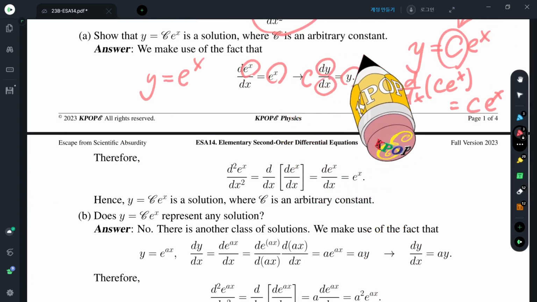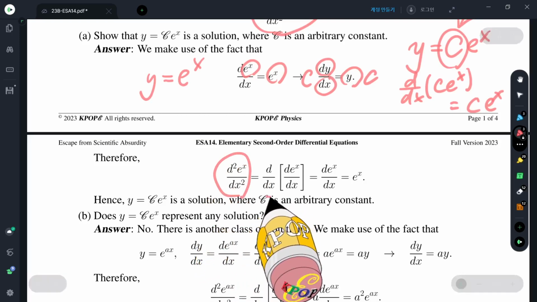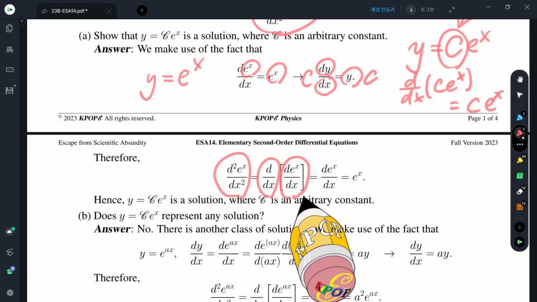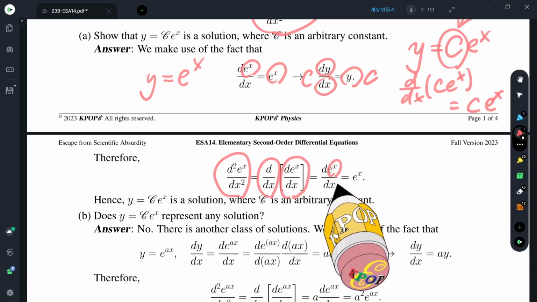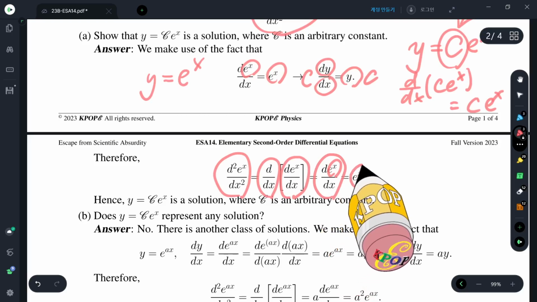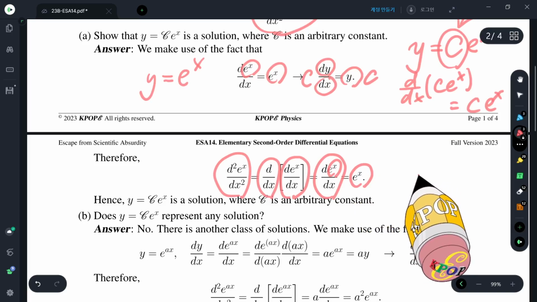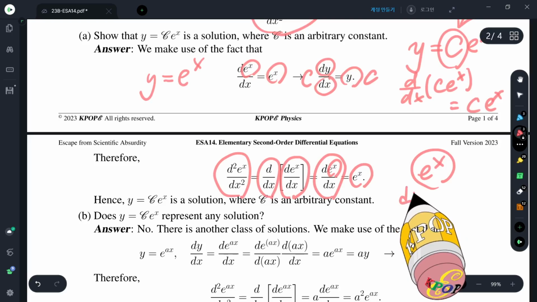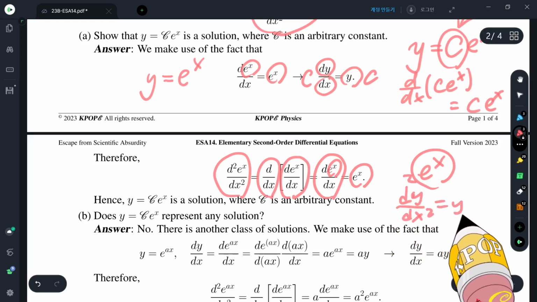If we make use of this, we can take the double derivative, which is differentiation twice. After taking the first order derivative, we have the exponential function, and then taking the derivative again gives the same function. So we notice that e to the x is a solution for the second order differential equation, like this.